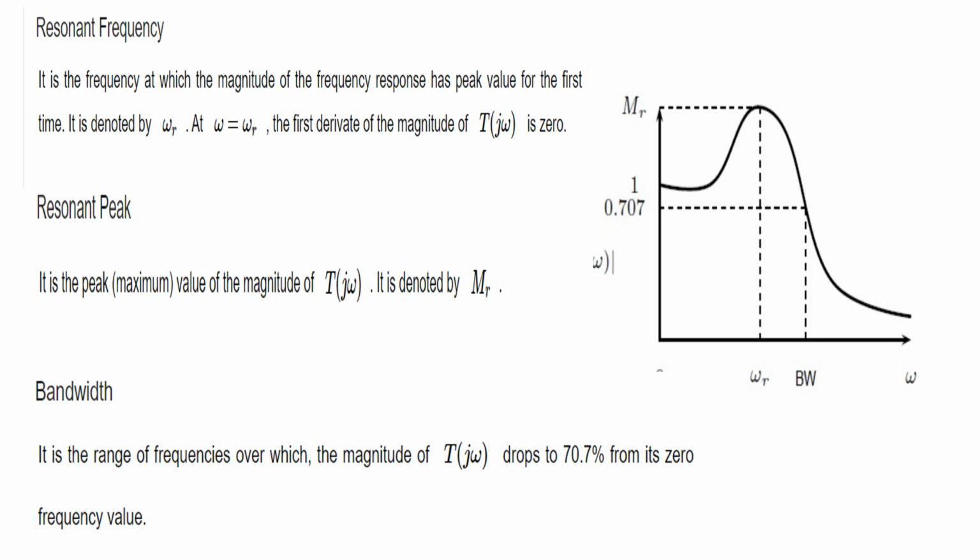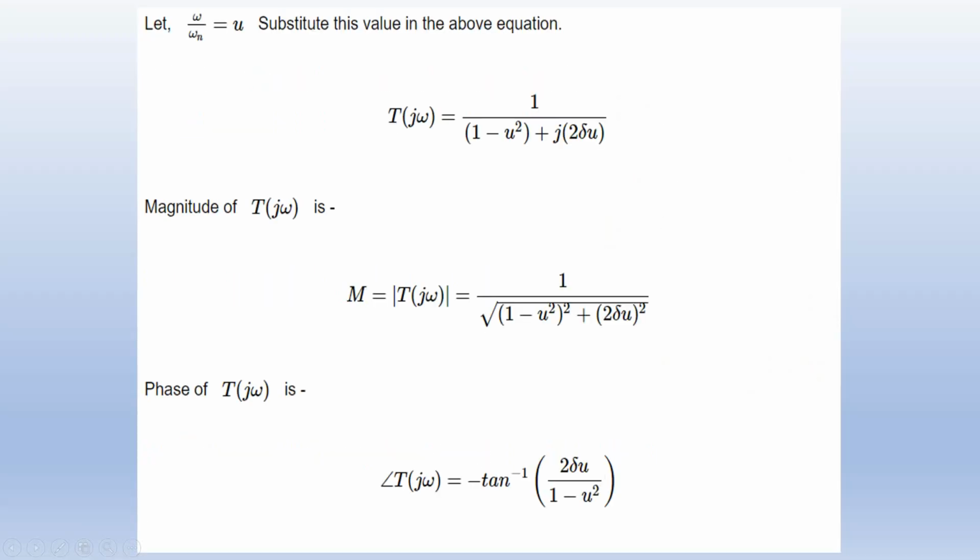In the last video, we discussed how the frequency response of a second order system can be analyzed based on the normalized frequency of this system. We already saw how the magnitude of the transfer function varies with respect to the normalized frequency u and the damping factor delta.